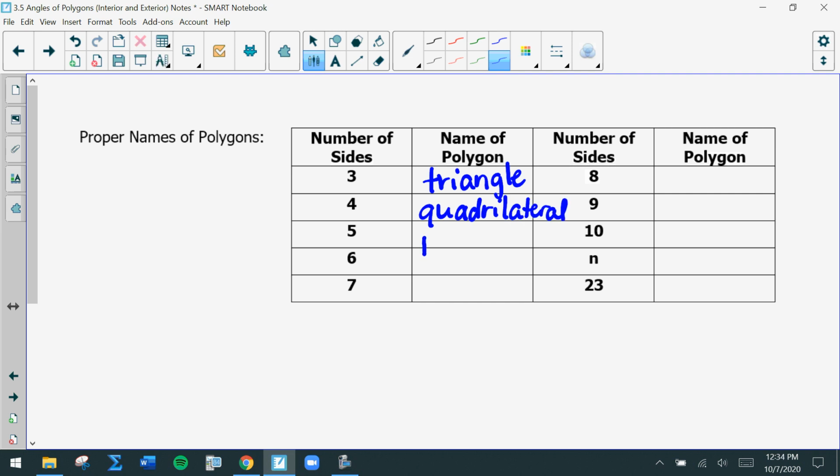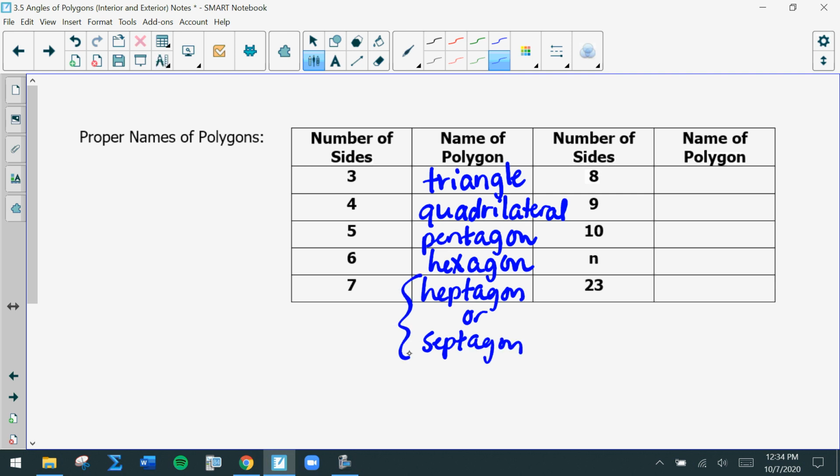Then a five-sided figure, a pentagon, a six-sided figure, a hexagon, a seven-sided figure, a heptagon, or it can be a septagon. Either one will work.